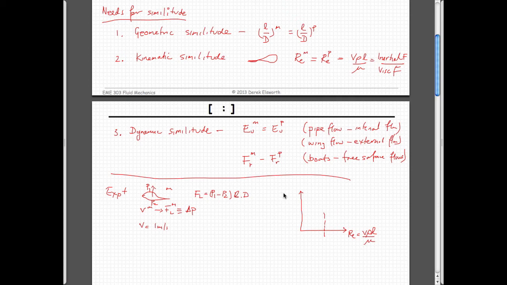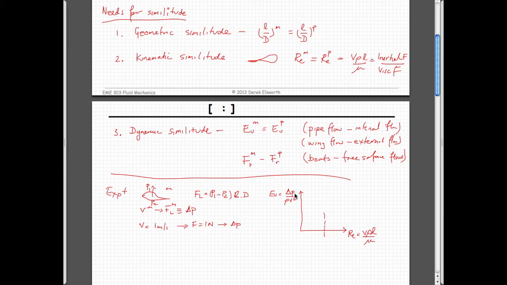And you think about what the other components would be. Almost certainly it's going to be an Euler number, and the Euler number is defined as a change in pressure. Let's write it as delta P divided by a density and a velocity squared. We haven't said whether this is the model or the prototype velocity, but if we run it at this velocity, maybe we calculate a force equal to 1 Newton, and we can use that to calculate the actual pressure from this expression.